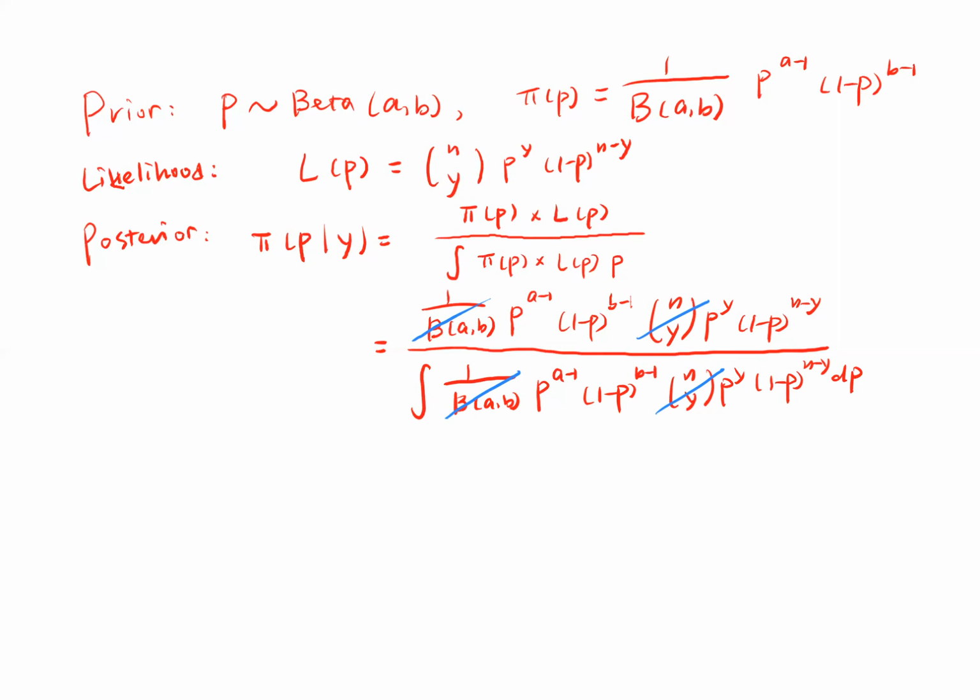Right now, we actually keep them, but because they are in both the numerator and the denominator, we can cancel them out. So in the end, we have P to the power of a plus y minus 1, and 1 minus P to the power of b plus n minus y minus 1. In the denominator, we have the same thing, except for the integration sign.